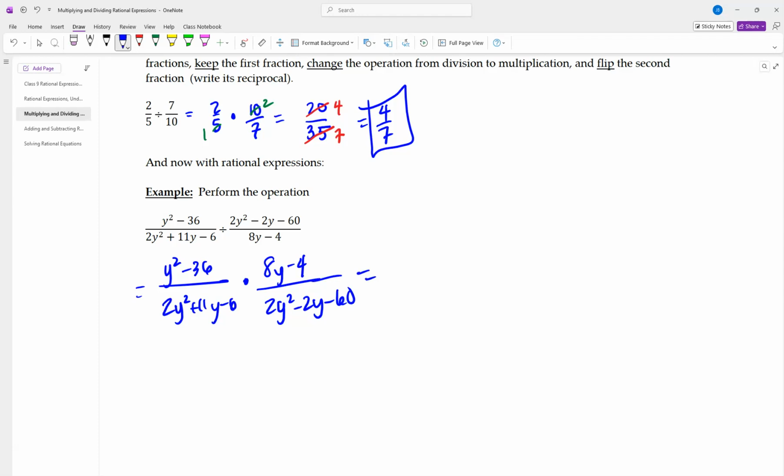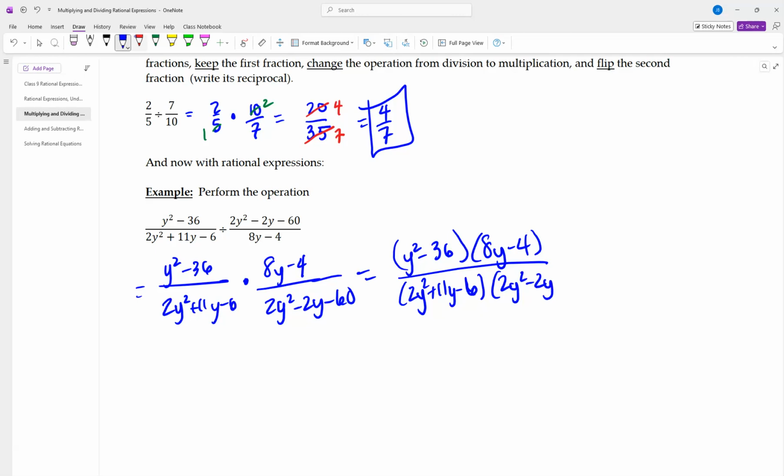Again, multiply across: y squared minus 36 in parentheses, 8y minus 4 in parentheses, 2y squared plus 11y minus 6, and then 2y squared minus 2y minus 60.